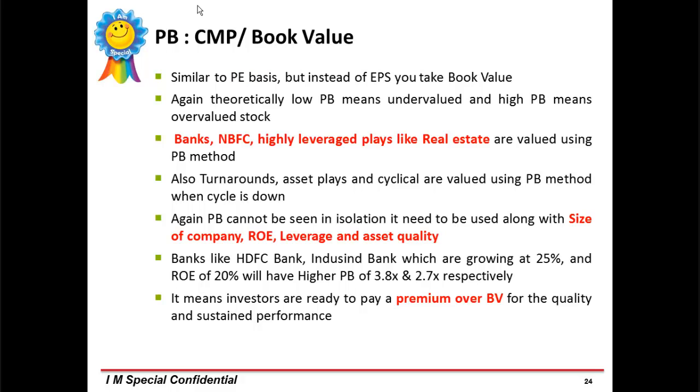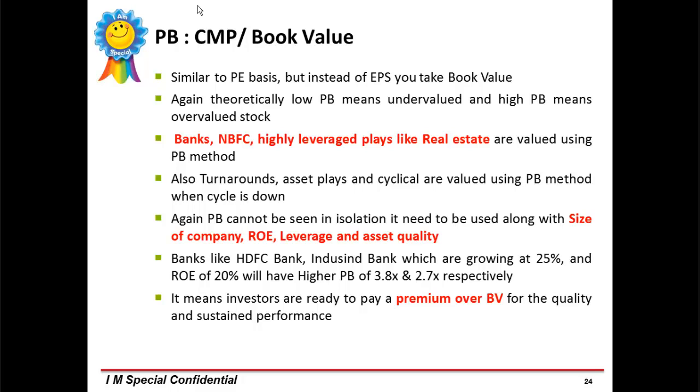Okay, price to book. Price to book is current market price divided by the book value. Similar to PE, but instead of EPS, we put the book value. Again, theoretically, low price to book means undervalued, and high price to book means overvalued stock.